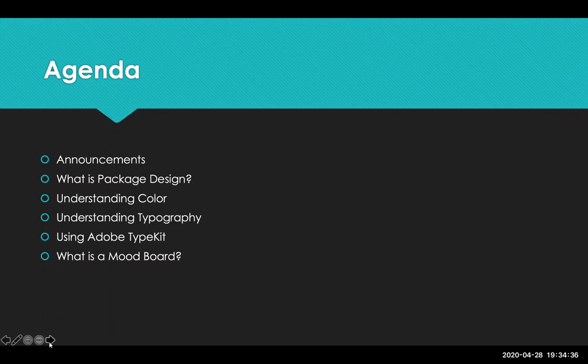Typography, we're going to look a little bit at Adobe Typekit, so that you know where you can go to find other fonts that you might want to use for your projects. And then we're going to talk a little bit about mood boards tonight, and then we're going to focus on your mood board tomorrow solely, because that is your assignment for this week.